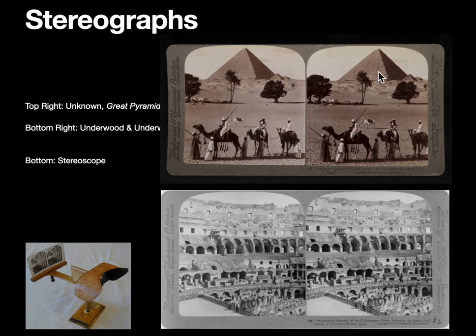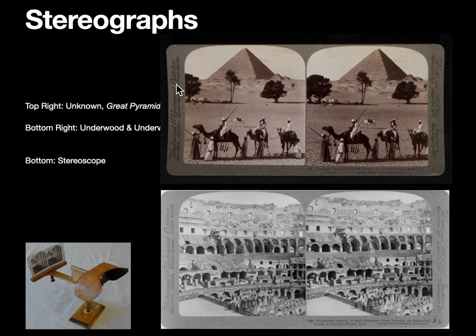Looking at these, the same exact image of the pyramids, the same exact image of the Colosseum. And these would be placed in a stereoscope, which is what you see here. And the stereoscope then would be held up to your eyes. And when you looked at this image through the stereoscope, it would give you this 3D version of these spaces that were captured.